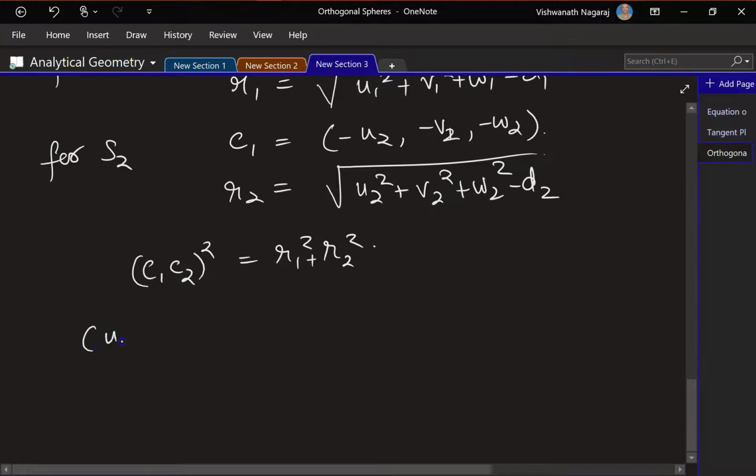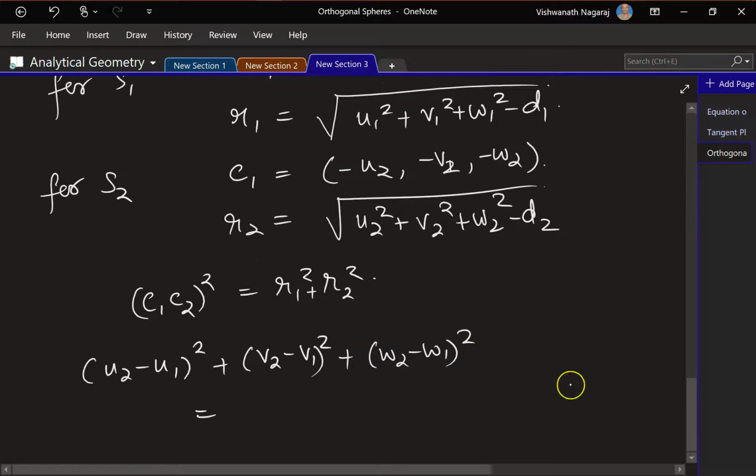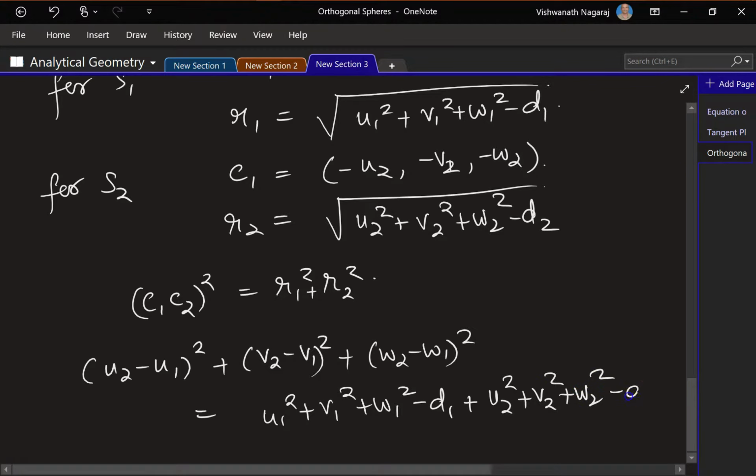That distance squared would be (u2 minus u1) square plus (v2 minus v1) square plus (w2 minus w1) square, is equal to r1 square plus r2 square. Removing the square root, r1 square would be u1 square plus v1 square plus w1 square minus d1, plus u2 square plus v2 square plus w2 square minus d2.